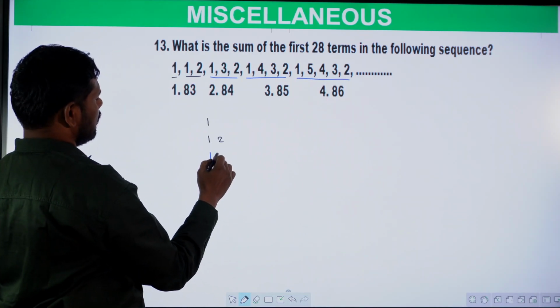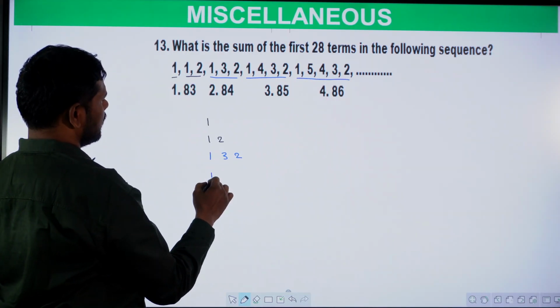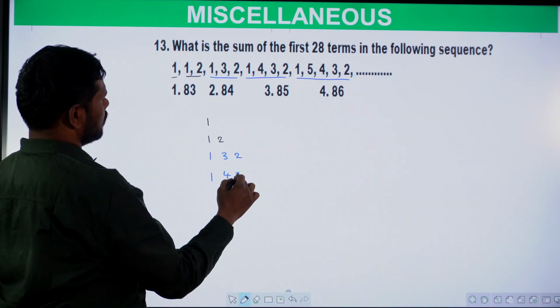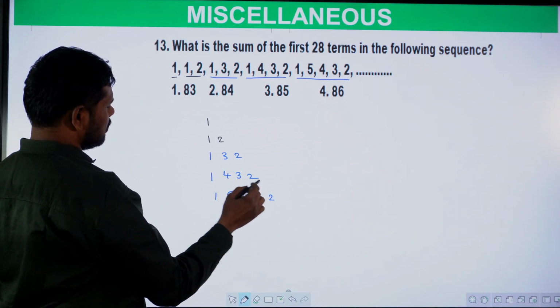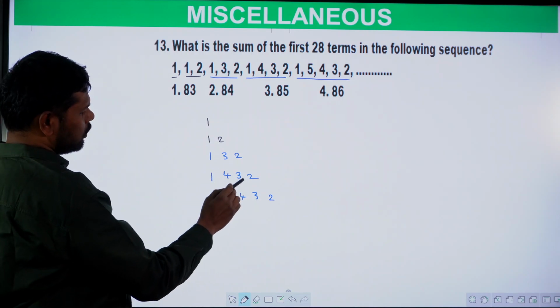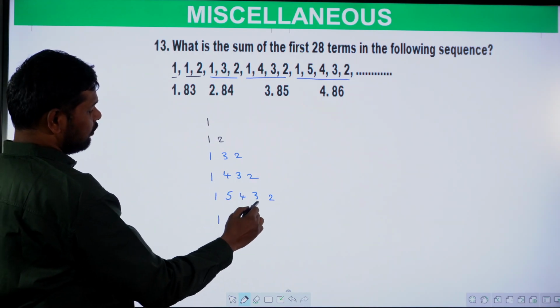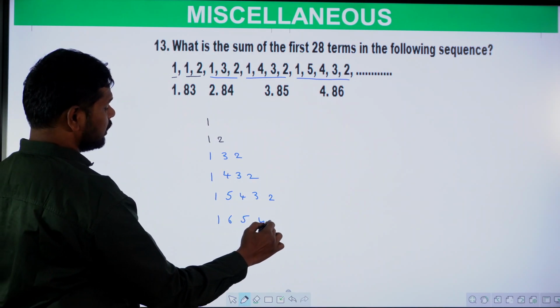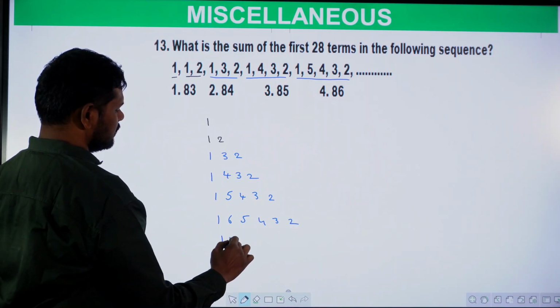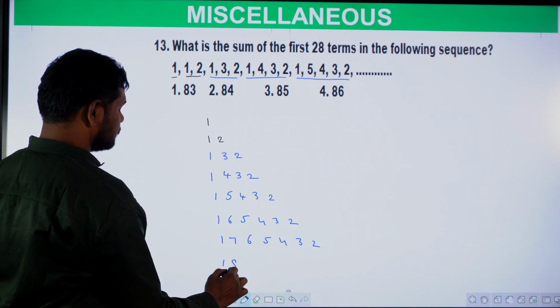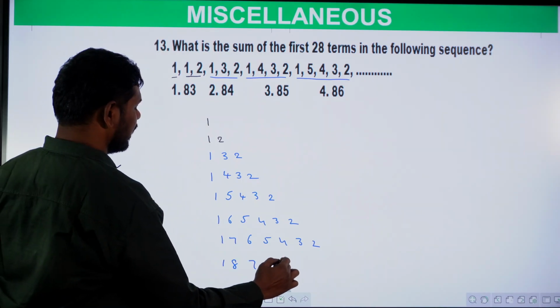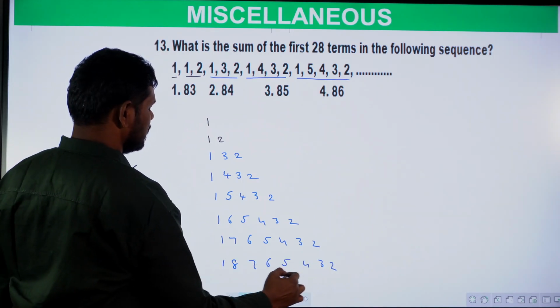Then 1, 5, 4, 3, 2. 1 is common. Then 6, 5, 4, 3, 2. Then 1, 7, 6, 5, 4, 3, 2. Then 1, 8, 7, 6, 5, 4, 3, 2. Like this, the series continues.